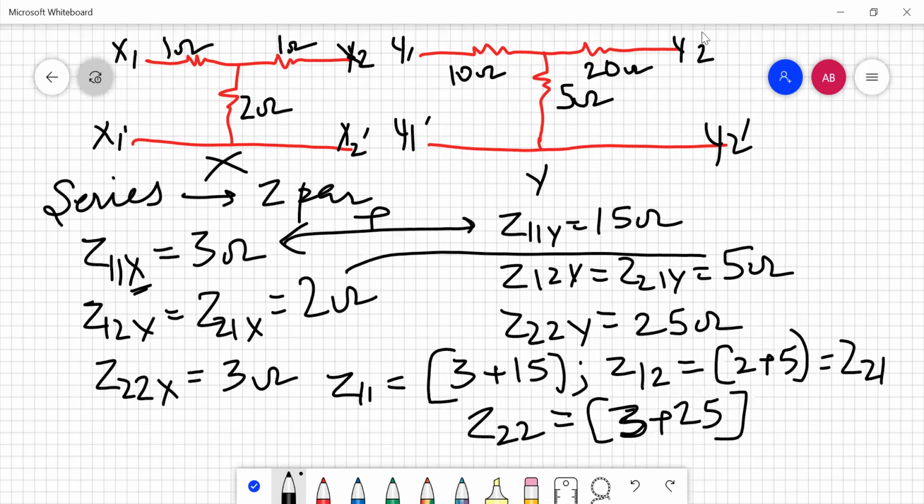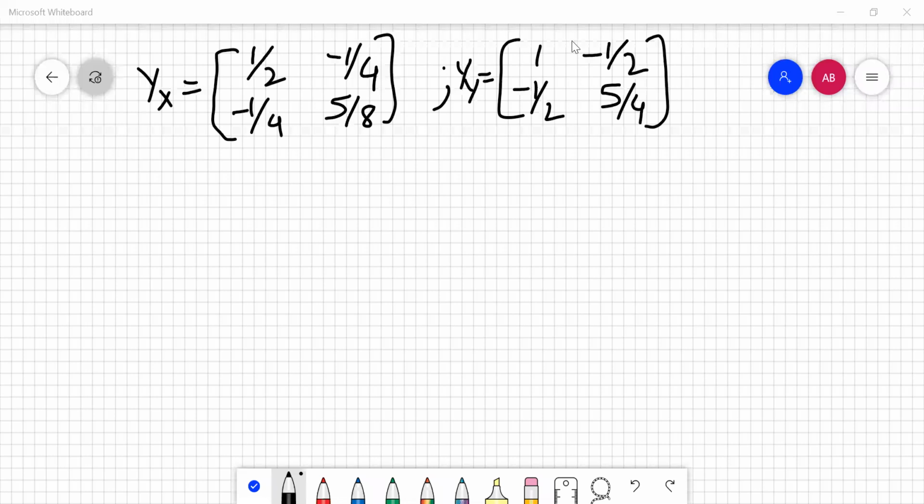The second way the numerical can come is the admittance matrices of two-port networks will be given, like Yx is given to be this matrix and Yy is given to be this matrix, and you need to find out the admittance matrix of the combination. So what you need to do is, for the combination, you need to only add the corresponding X and Y parameters.